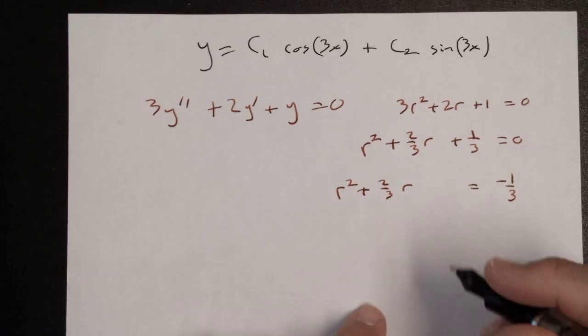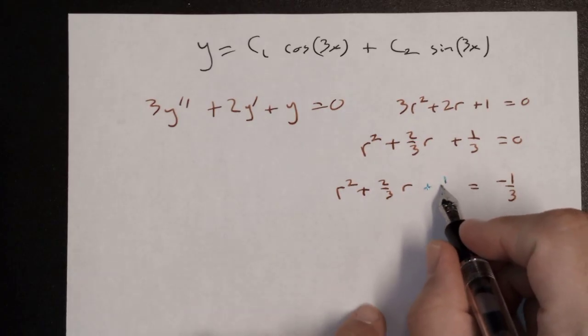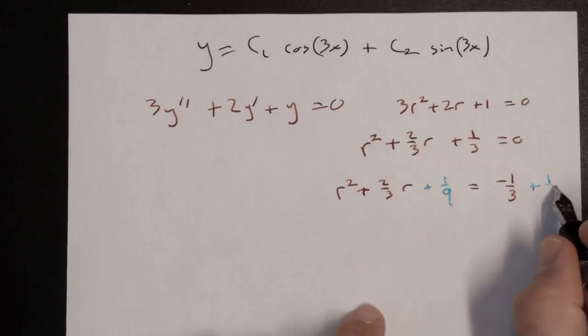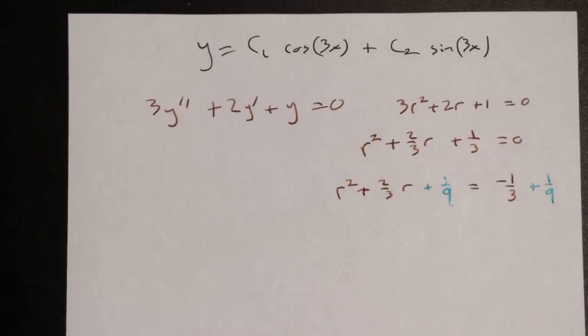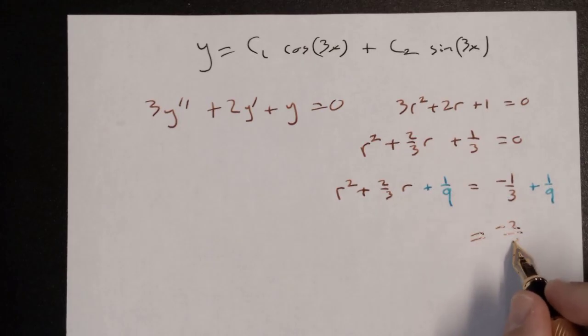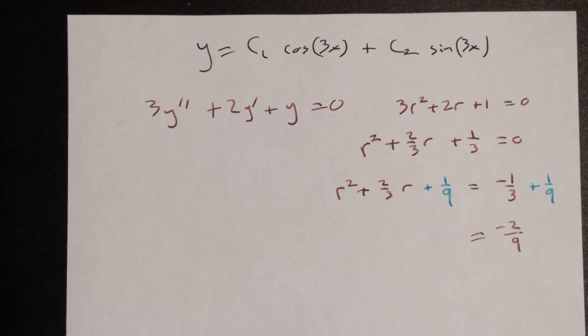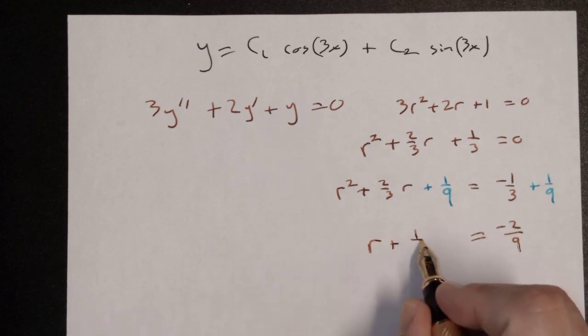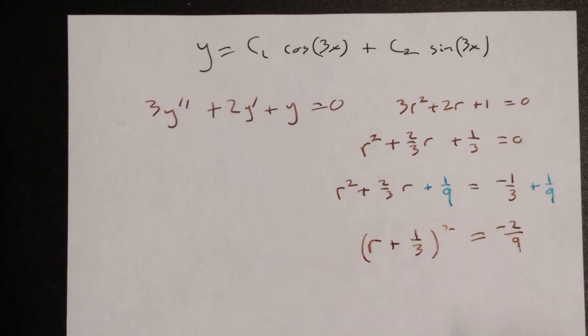Squared is 1/9. Notice that on the right, what I have is a negative number. When I add those, common denominator, I'll get -2/9. But on the left, I'm going to get r plus 1/3 squared.